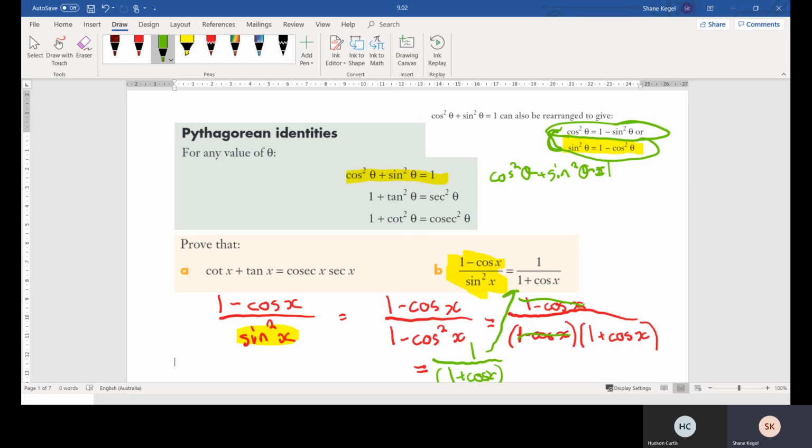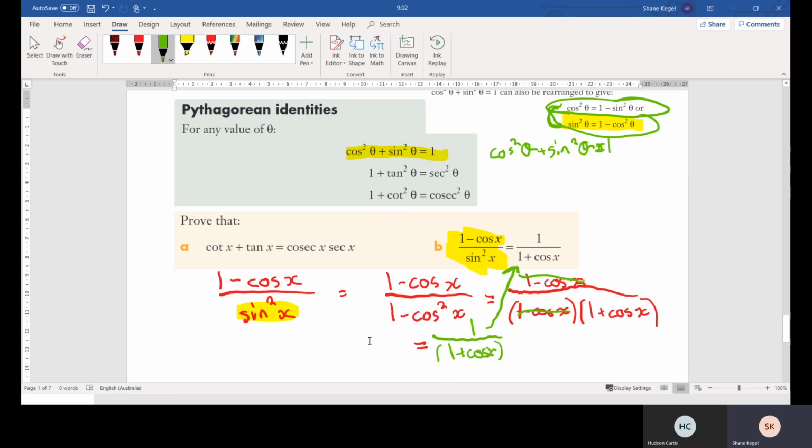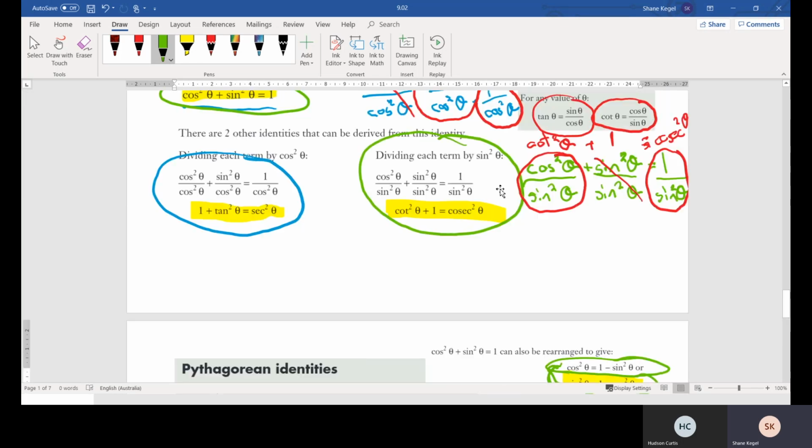As we can see now, we have proved it. Again, these are quite tricky and you won't see too many of these questions, but it is important to work towards them. So make sure you're asking questions in class as you work through them, making sure that you have an understanding and that you check all identities to have a look at what we can sub in.